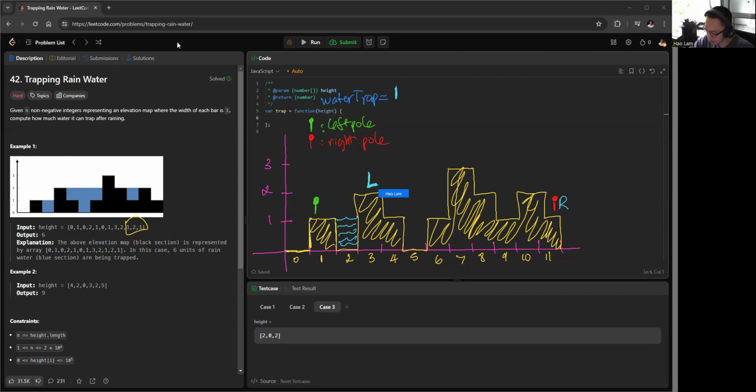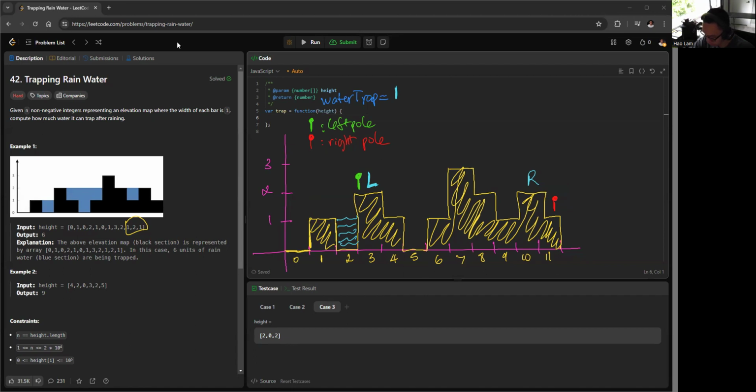So in that case, we reset our left pole to it, and we can continue. We always move the shorter one. Right now, the height at left is 2, the height at right is 1, so we move the right pointer to here.